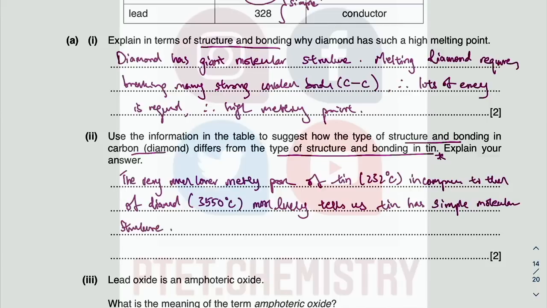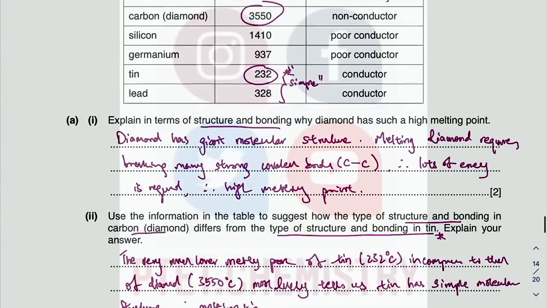Okay, and if you have simple molecular structure, therefore melting tin... it can't really have a simple molecular structure, can it?